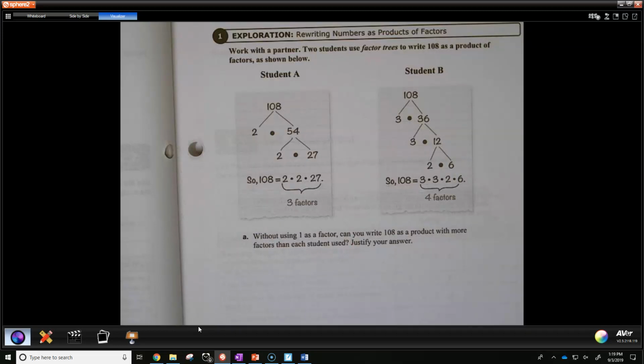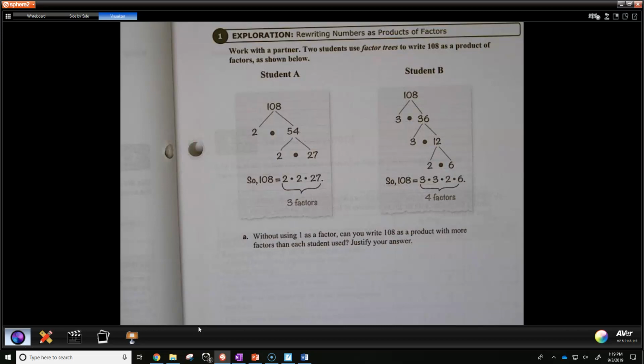And then they said, so if I'm writing the prime factors, the product of factors, the prime factorization, they said 108 would be written as 2 times 2 times 27. Now if I use my calculator and I do that, 2 times 2 times 27, I get 108. They're absolutely correct. So they did it in 3 factors. Student B said, 3 factors? Yo, I can do it in 4.